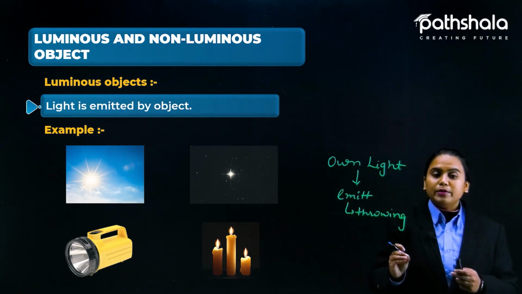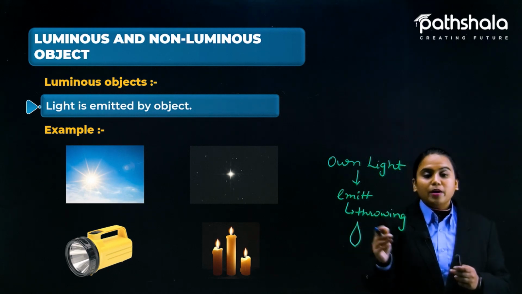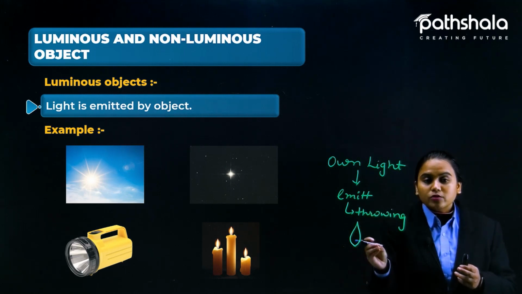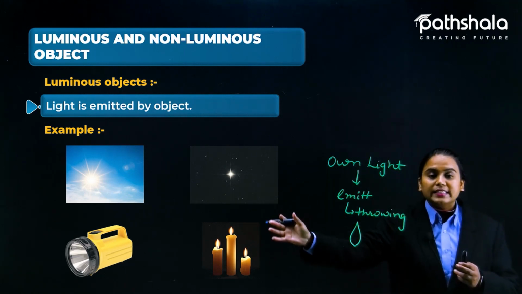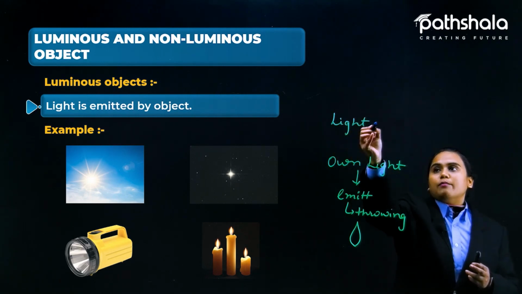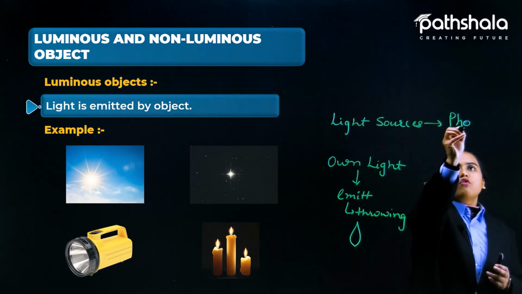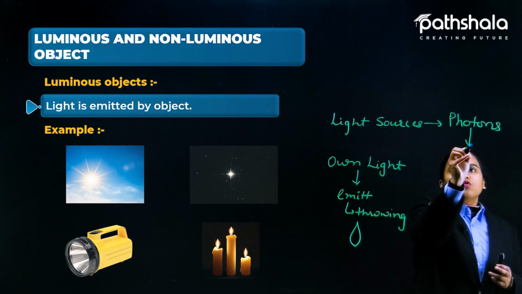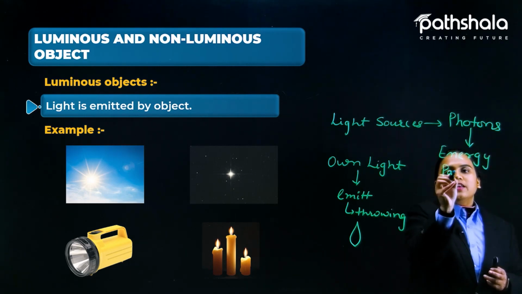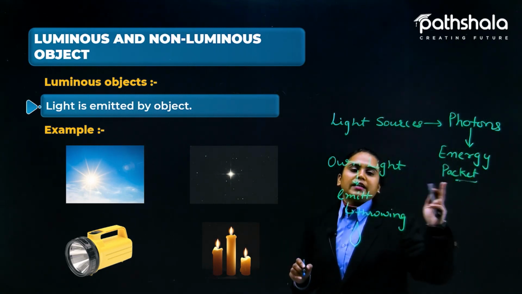Stars, yes, we are able to see them. The flame of the candle is bright and throws light in the form of photons. All these are light sources, and they are throwing photons. What are photons? They are energy packets. Just remember that photons are nothing but energy packets.